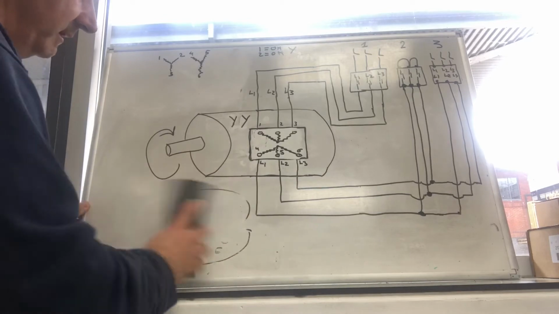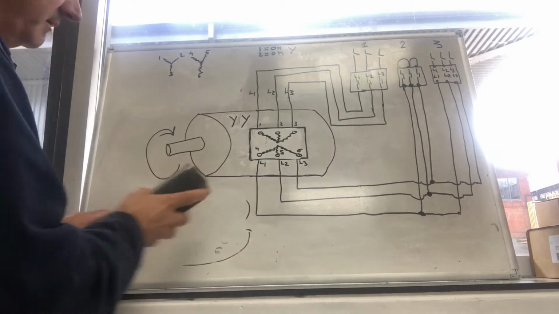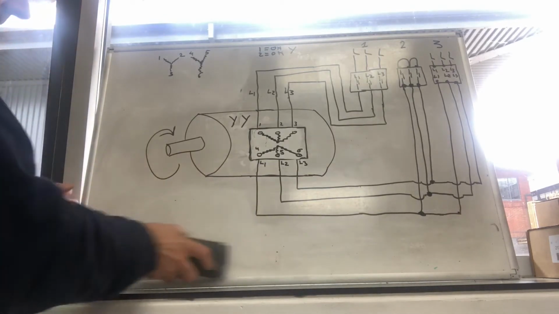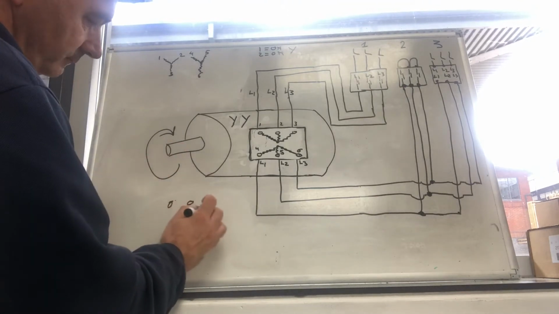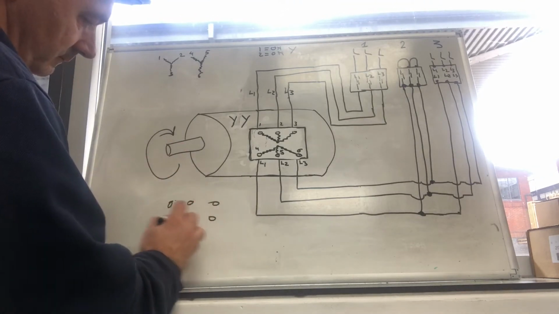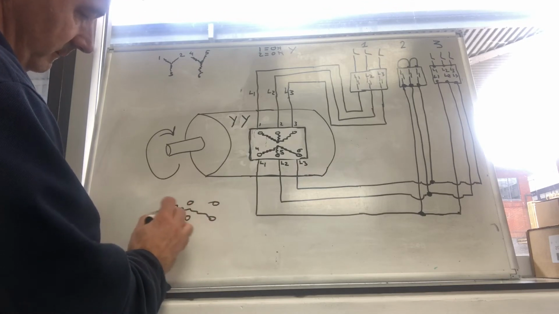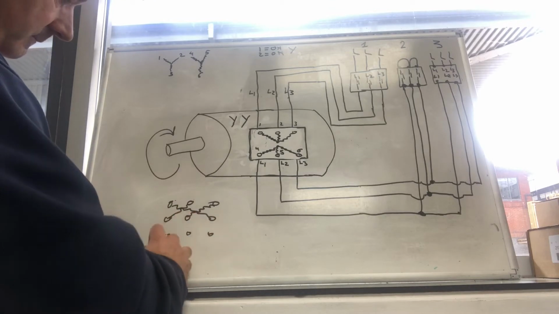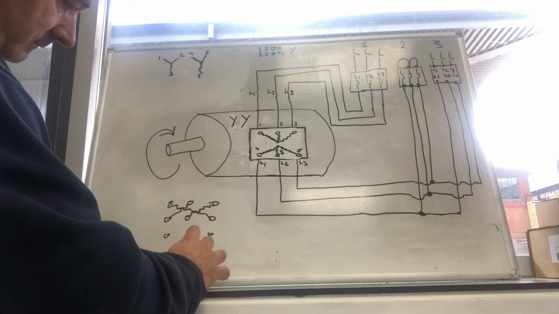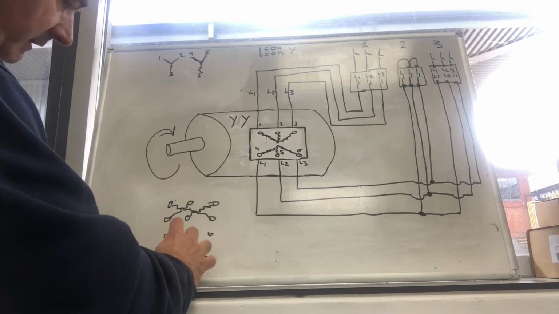And I'm going to make another picture, so I really like the people to understand. So delta, like that, and like that. And the star, they got already connection inside, so they come like that.